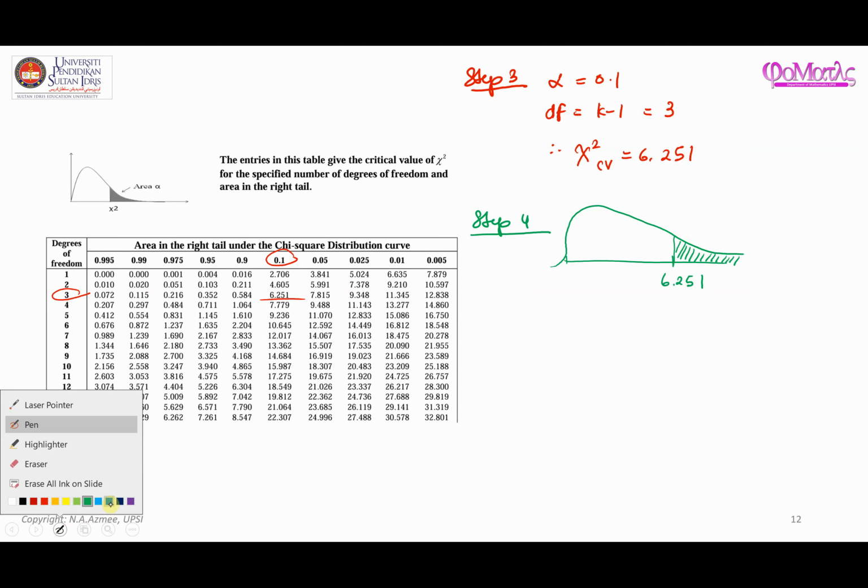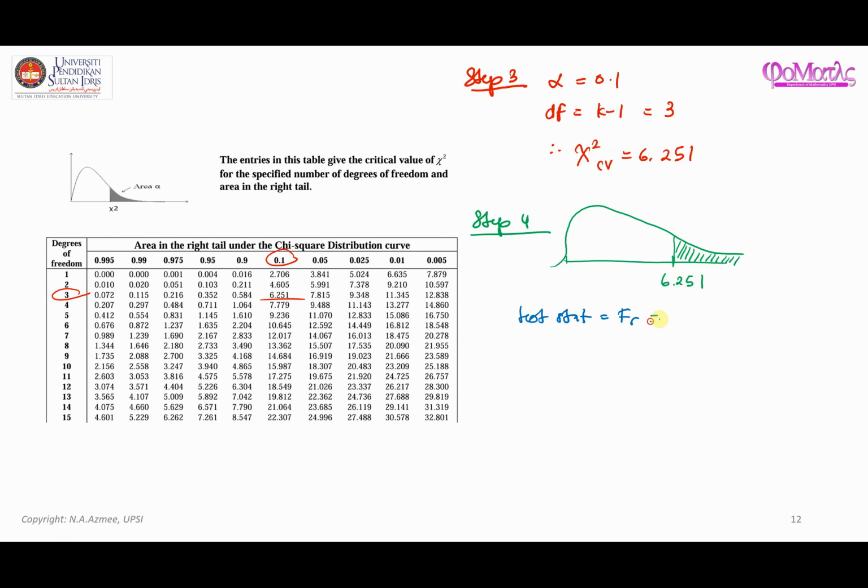The test statistic that we have is 6.45, and its position is to the right of 6.251. So that means the test statistic falls into the critical region. Therefore, we are able to reject, since 6.45 is greater than 6.251. Here is the test statistic, and here is the critical value.